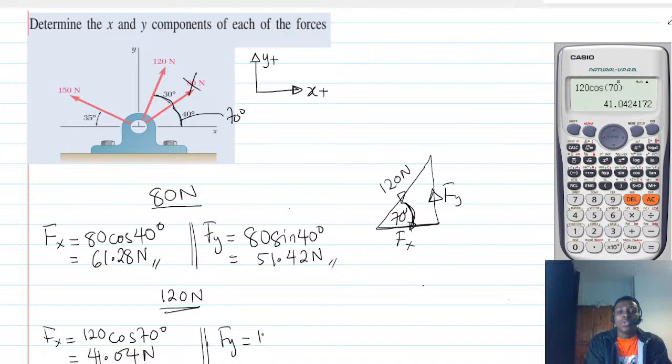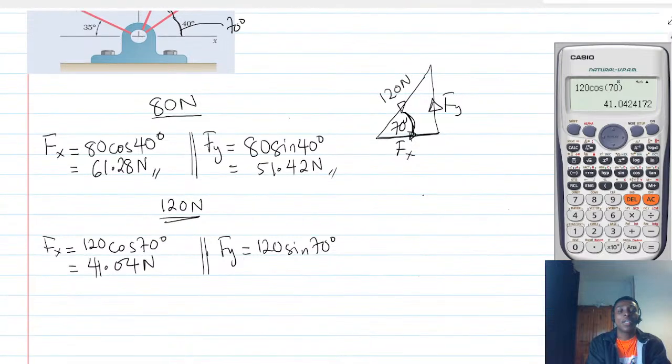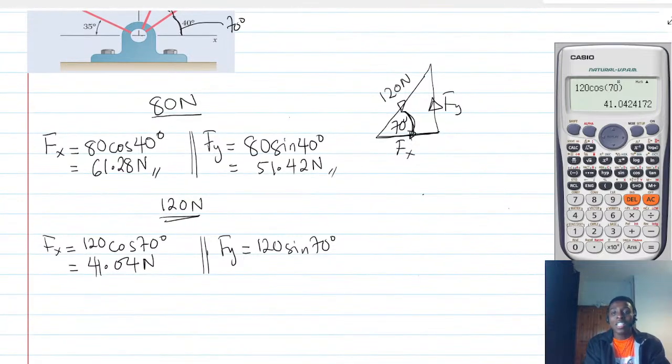So 120 sine 70. What is that? Let's pick our calculators. 120 sine 70. What is that? I want you to also pick your calculator and convince yourself that whatever we are doing here is correct.